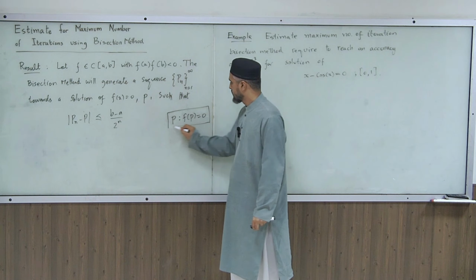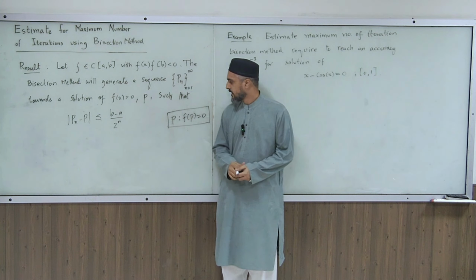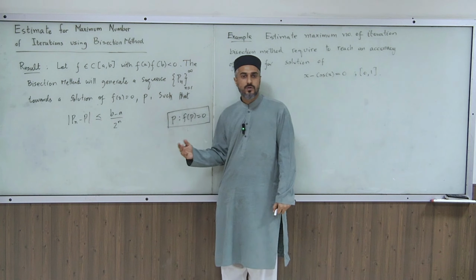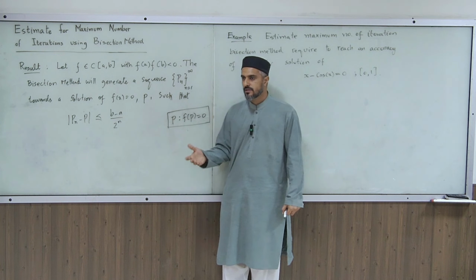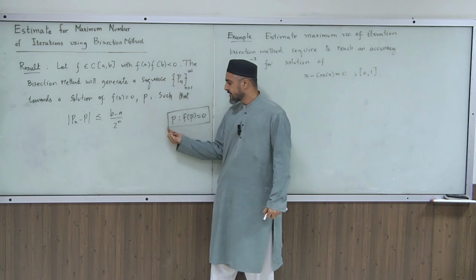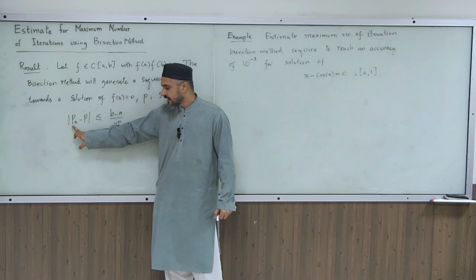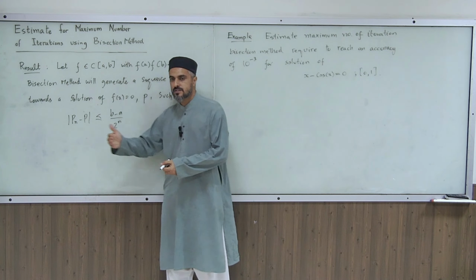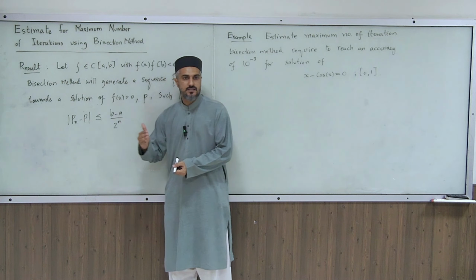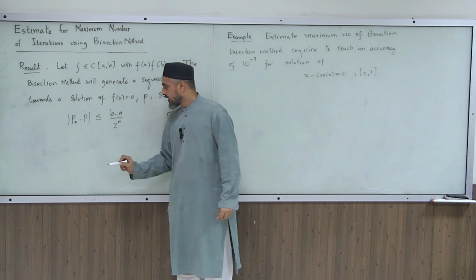And as we have already discussed a lot in this course, we will not be able to find this exactly if it is an irrational number. So we will be trying to approximate a solution. So p_n is a sequence which is going towards a point p.